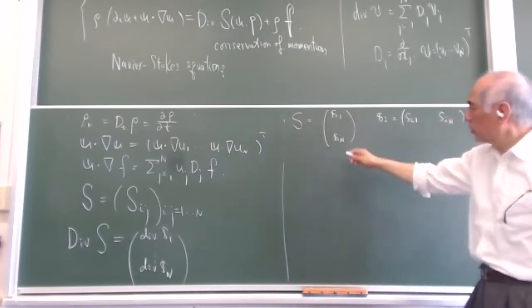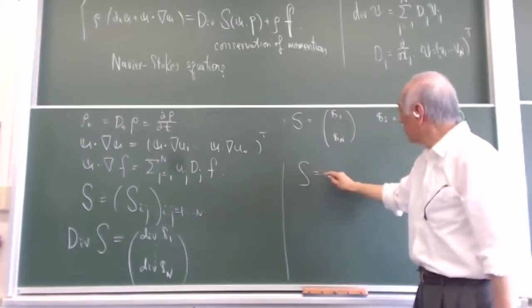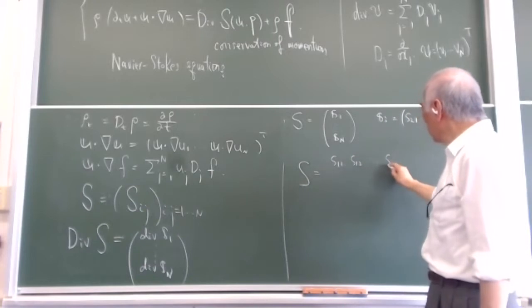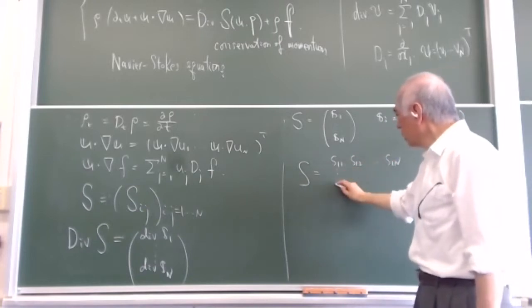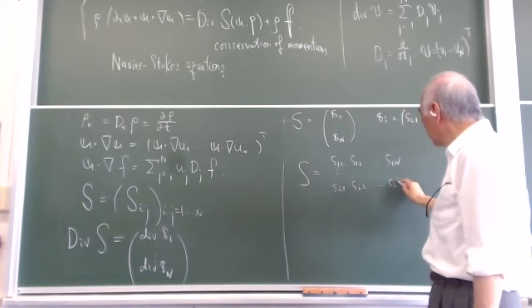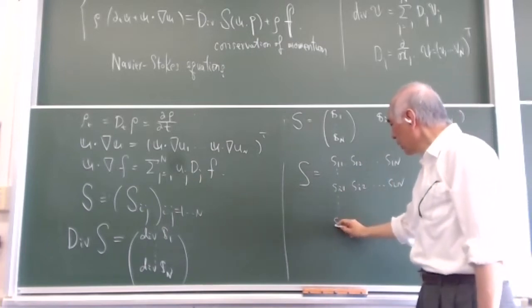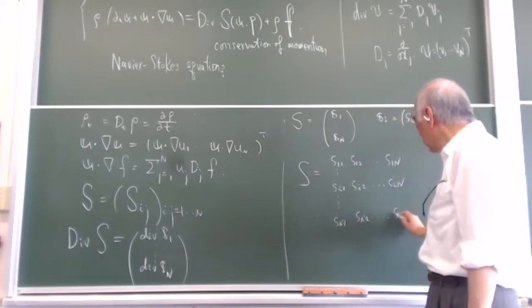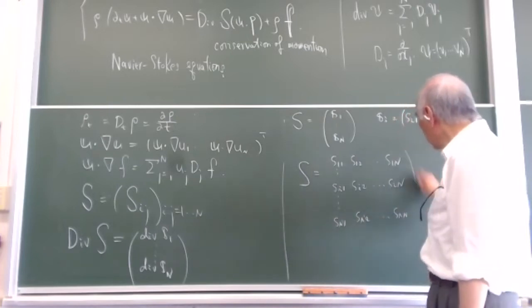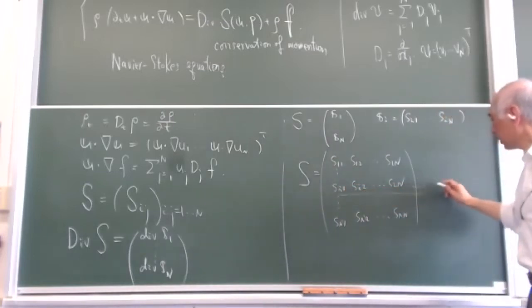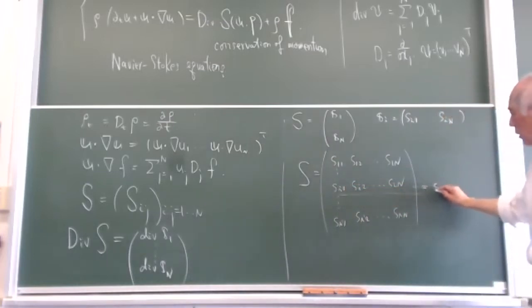So this is the usual vector, this one, two, this is one. And each component, this part is a vector.